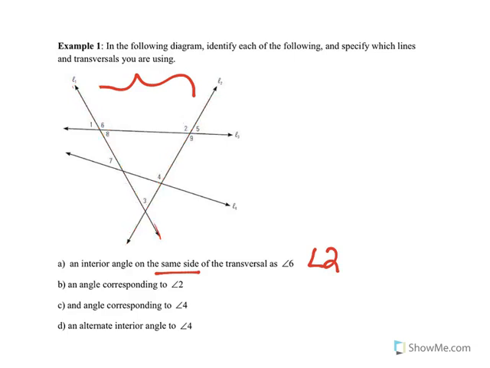The next one says an angle corresponding to angle 2. So we're going to look at this, and this is our transversal, and then this line. So because 2 is right here in this position, this is also in the same position. So angle 4 is a solution.